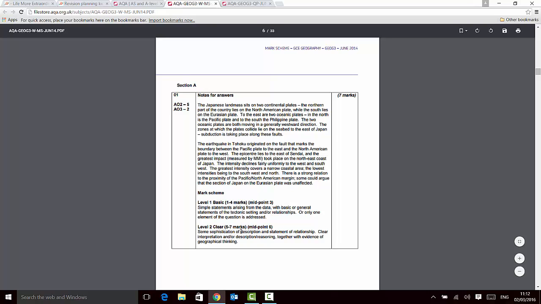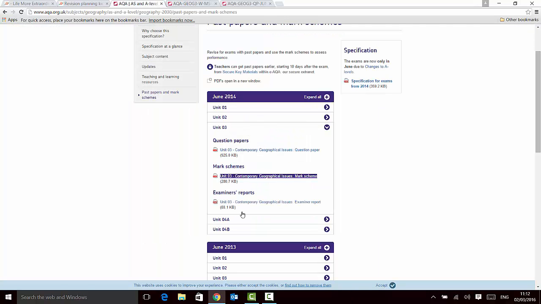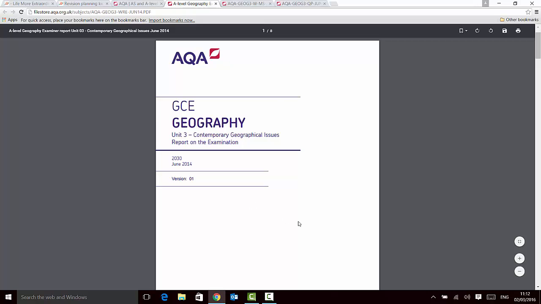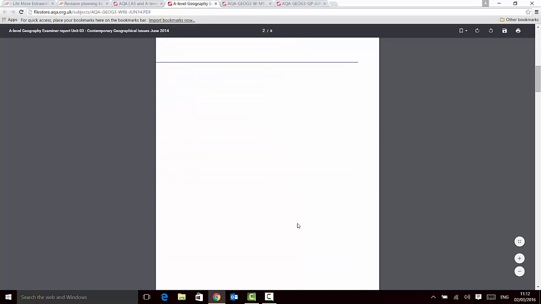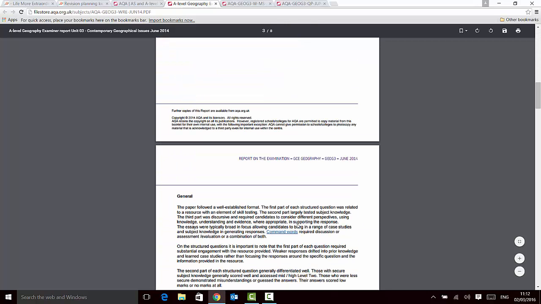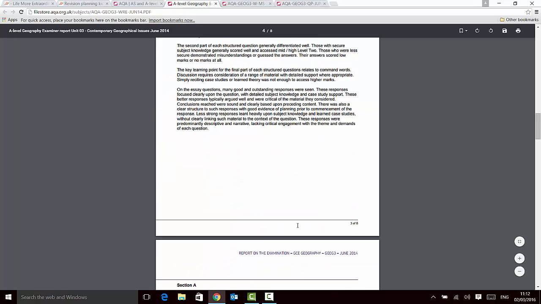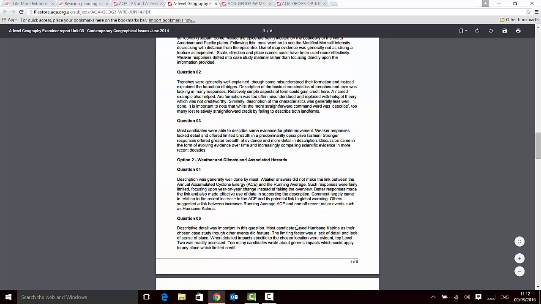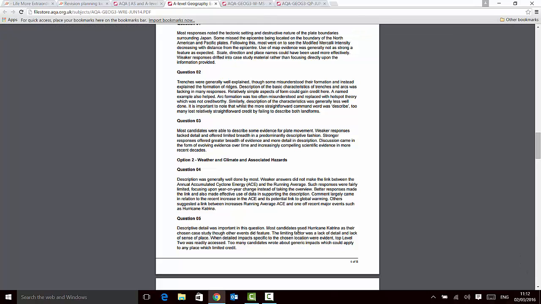And then finally, we've got the examiner's reports, and these are reports written by the examiners to give feedback to teachers and some examiners about how students generally did on each of the questions. So it helps teachers to improve their teaching for next time round, but it also gives you an insight into what people found difficult, where the weak points were and things, so that you can really work to improve on those things.